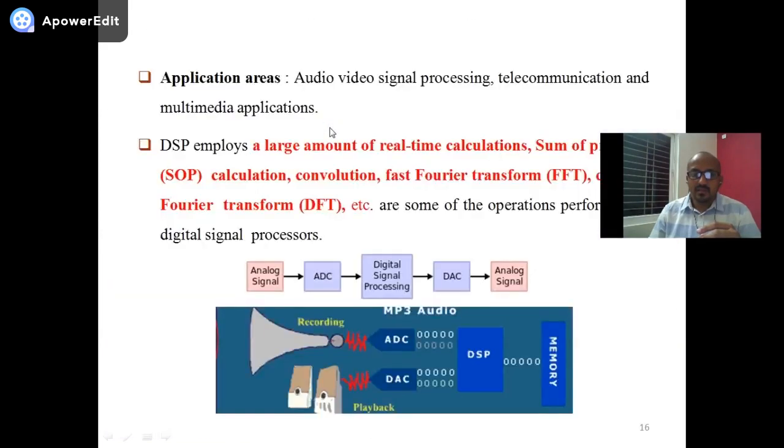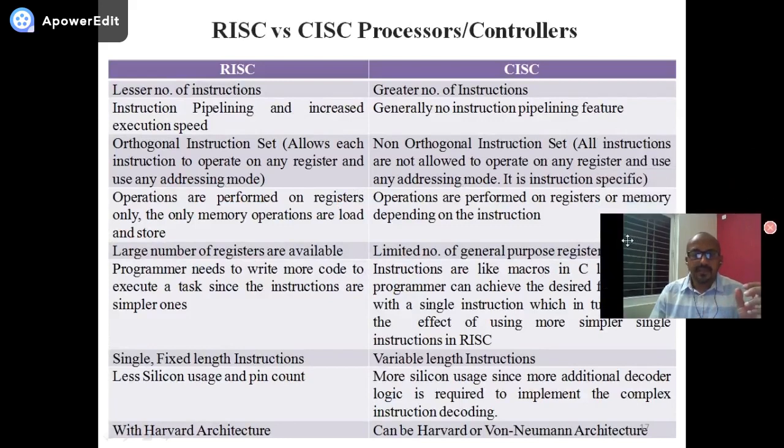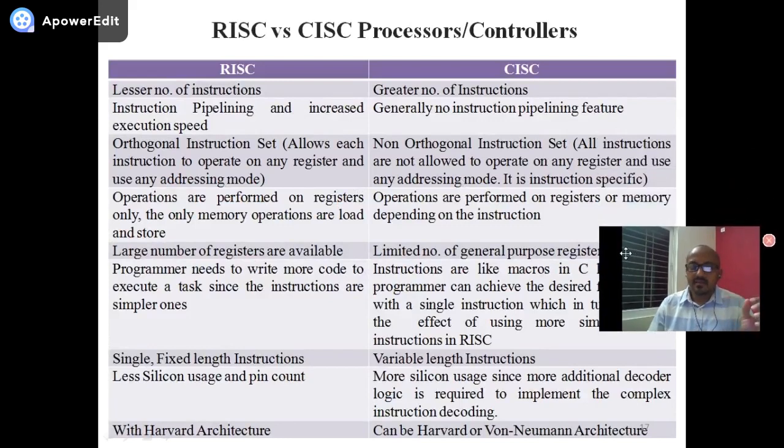RISC is reduced instruction set computer, and CISC is complex instruction set computer. In RISC there are reduced instructions, meaning a smaller number of instructions. CISC is complex, with a larger number of instructions.